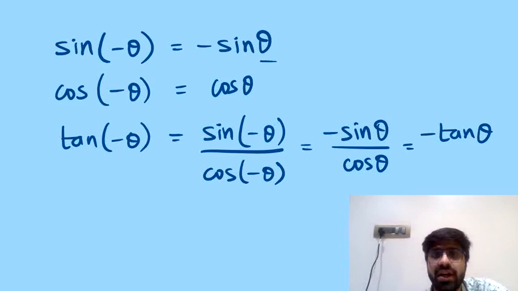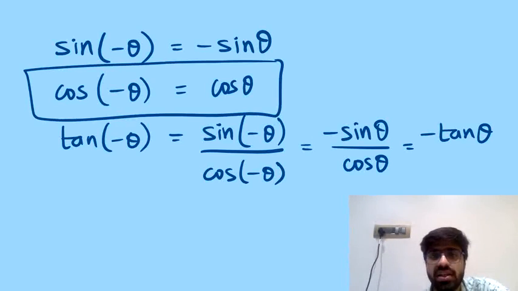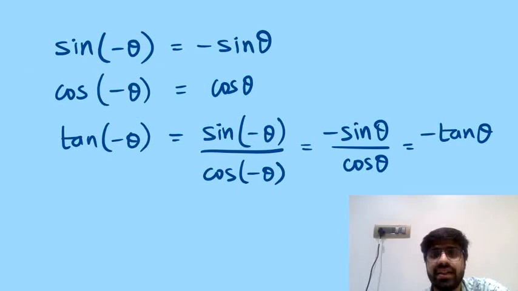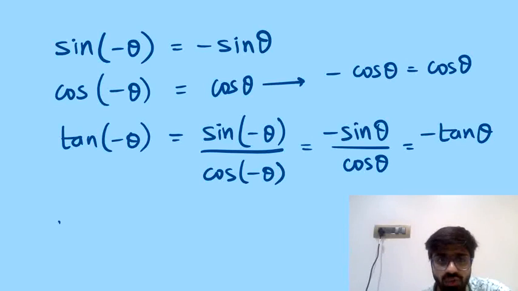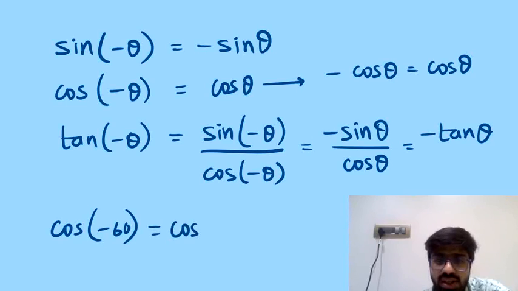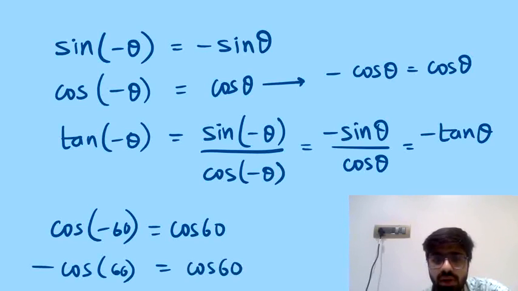A common mistake is made with this result. What I have said is cos of minus theta is cos theta. I never said minus cos theta is equal to cos theta. For example, cos of minus 60 will be cos 60 only. But minus of cos 60 is not equal to cos 60. That minus sign from outside cos cannot be eliminated just like that.